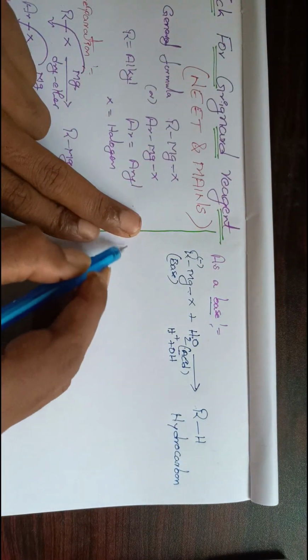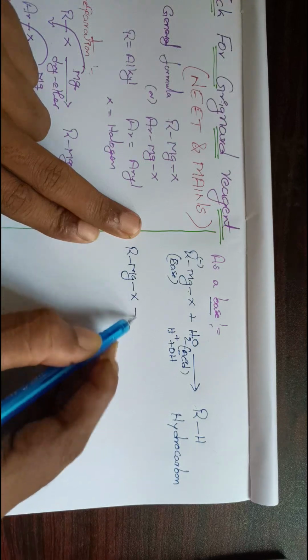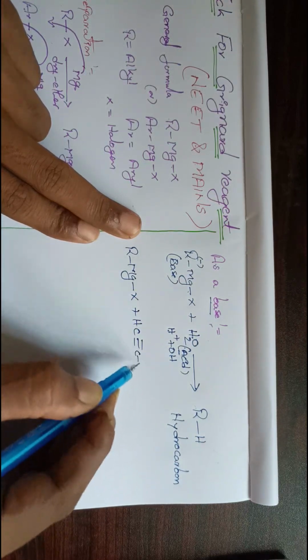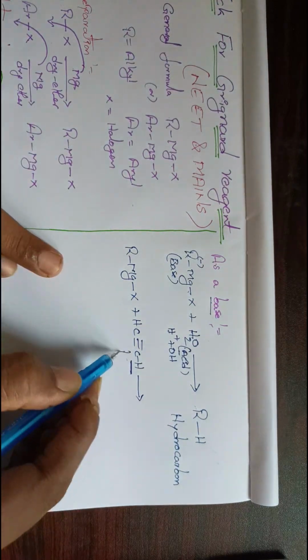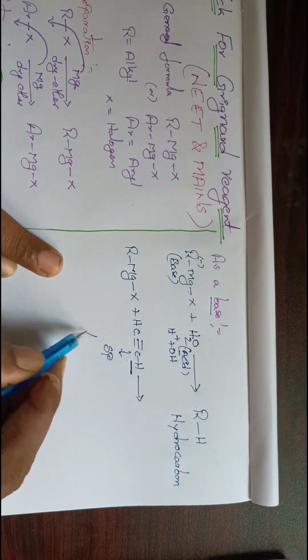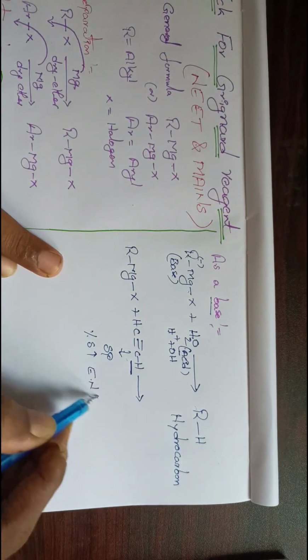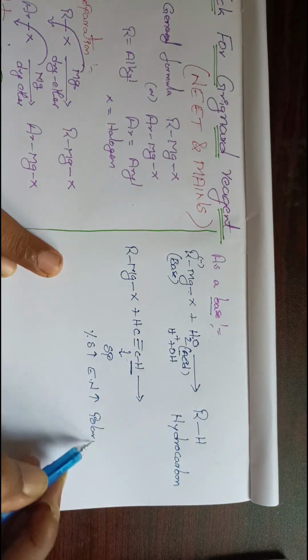One more example, Grignard reagent reacts with alkyne. It is very important. Most students forget this application. Alkynes are acidic in nature because the carbon hybridization is sp. Percentage of s character increases, electronegativity of the element increases, polarity of the bond increases.